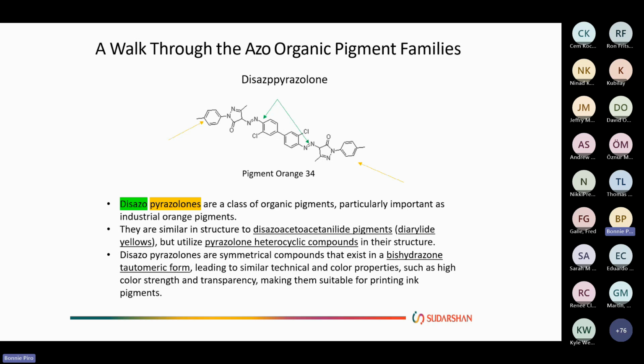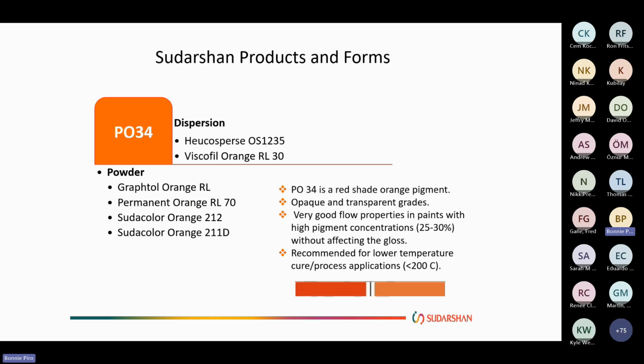These are important because they are key orange color pigments in this particular form. They tend to have high strength as well as either opaque or transparent. And they also show up a lot primarily in ink application areas. So Orange 34 is one of the key ones in this grouping.